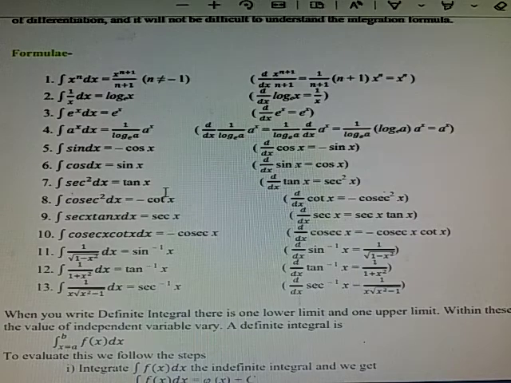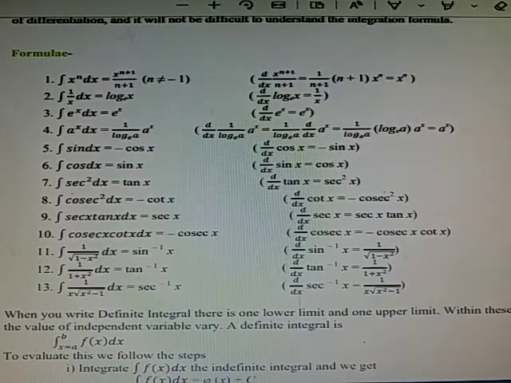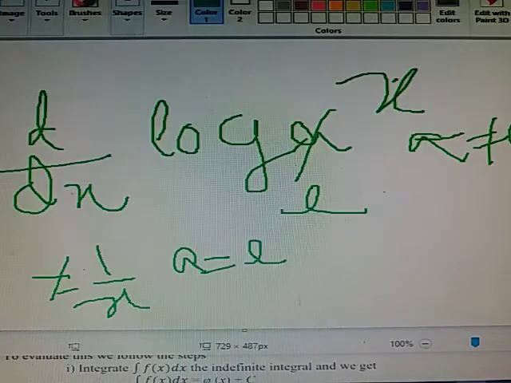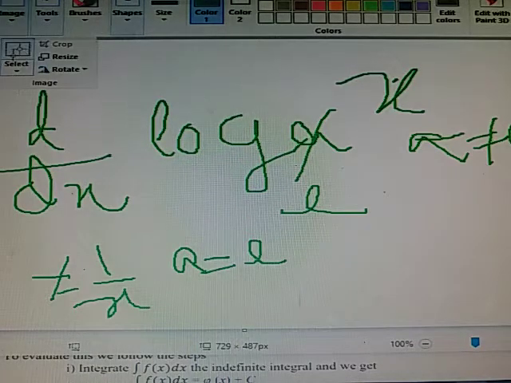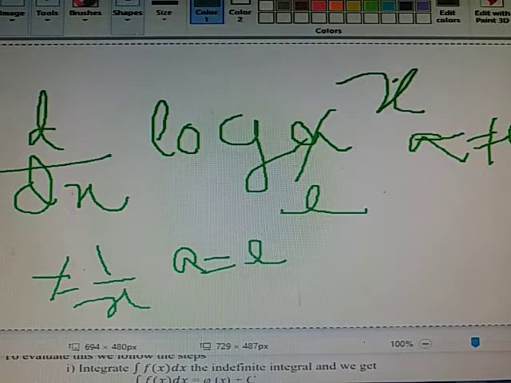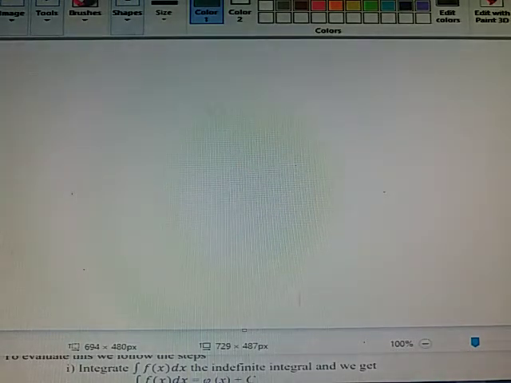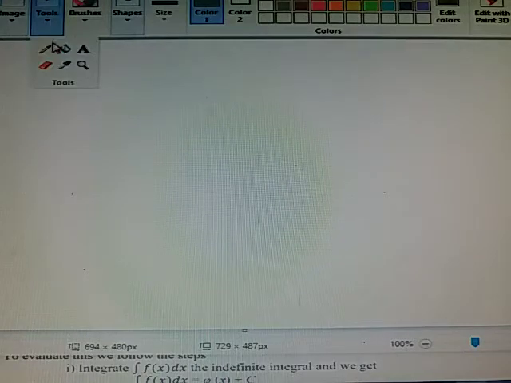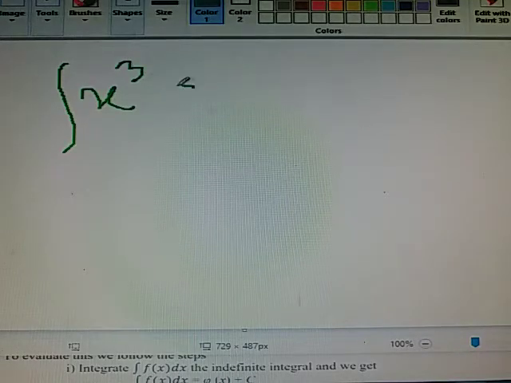Now, this is all about indefinite integral. And one thing you remember: when you integrate x to the power 3 dx, you are integrating this thing.